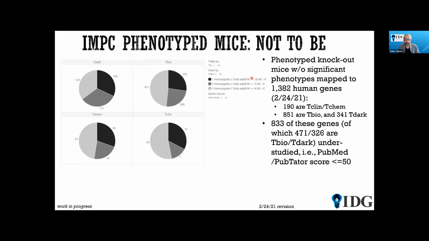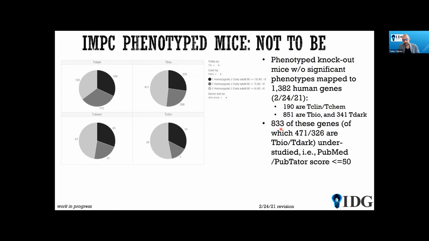So each procedure may have multiple measurements that have been through the pipeline, but not significant compared to wild type. And then between 7 and 12 is a separate category, and then less than 6. So it turns out that about 800 of these, we would be confident to say that they lack significant associations.